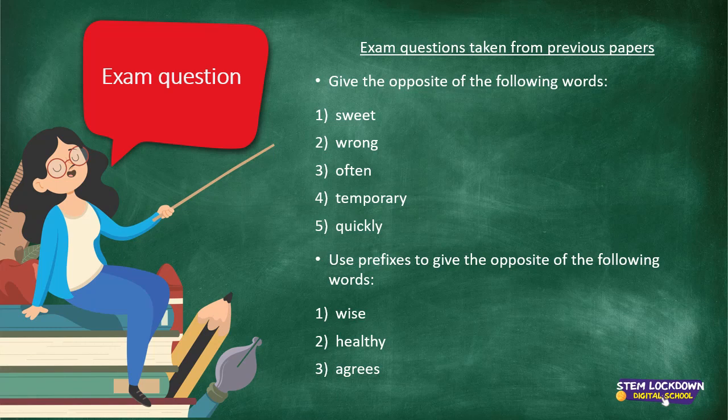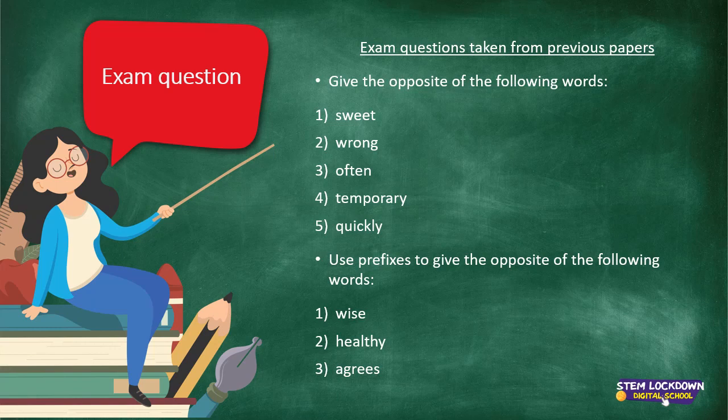Because they hardly mention the word synonym or antonym when they're asking you a question. They will just say, give the opposite of the following words, or give words that have the similar or the same meaning as the following words. So just make sure that you are very familiar with their definitions, and in that way you will be able to ace the language section.